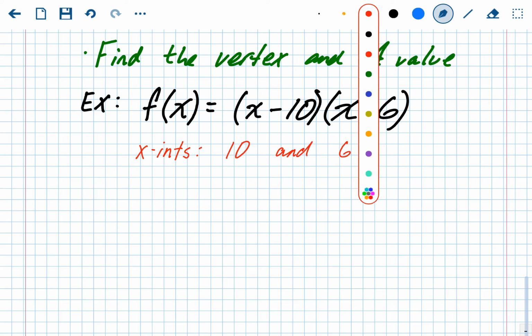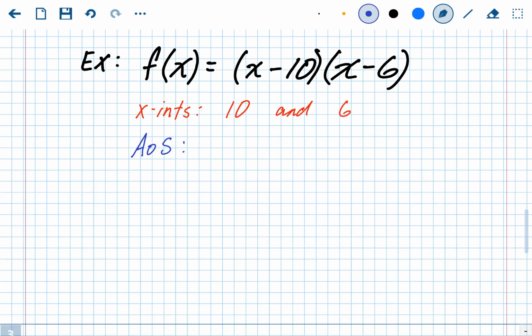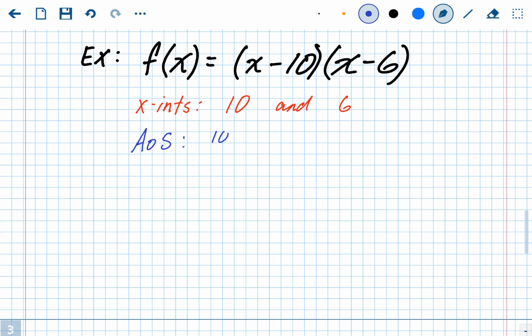Now, once you know the x-intercepts, you could find the axis of symmetry. Because remember, the axis of symmetry has to be halfway between those two x-intercepts. So what we do is we just add them together and divide by 2. 10 plus 6 is 16, divided by 2 is 8. So that's our axis of symmetry, which again is always our h value.